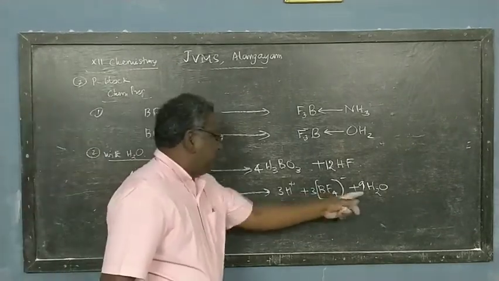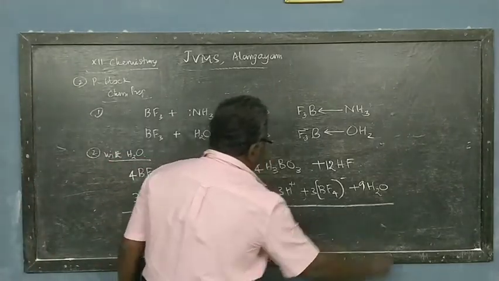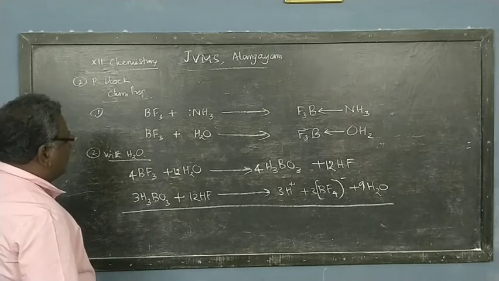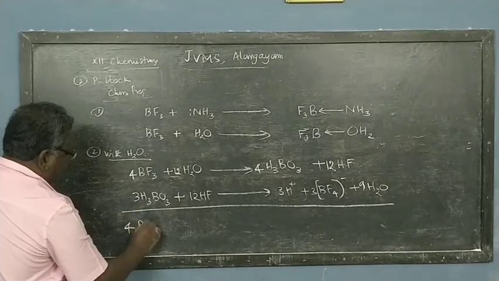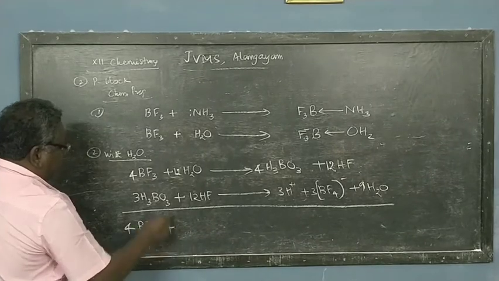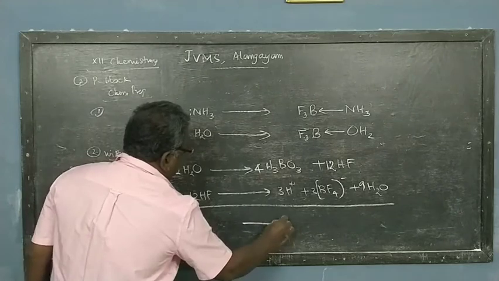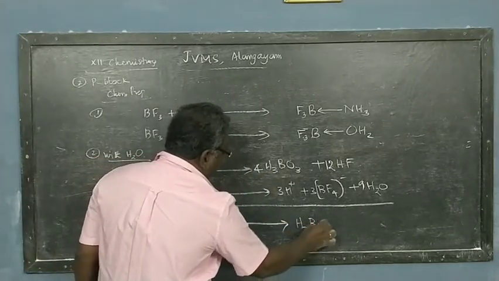Here also 18 plus 3, 21. Now if you add these two equations, how to add these two equations, right? So we have 4 BF3. I will not write this because we have 4 H3BO3 on this side. We will take only one of that.